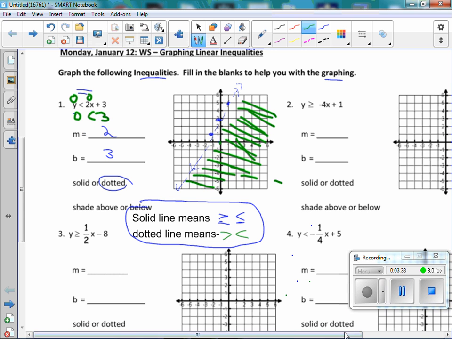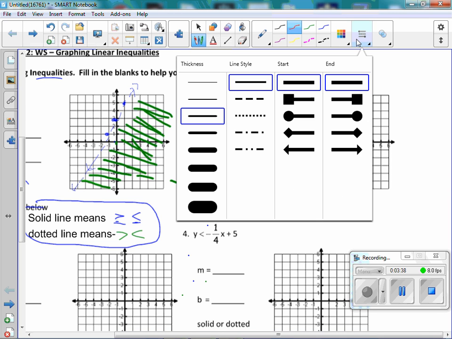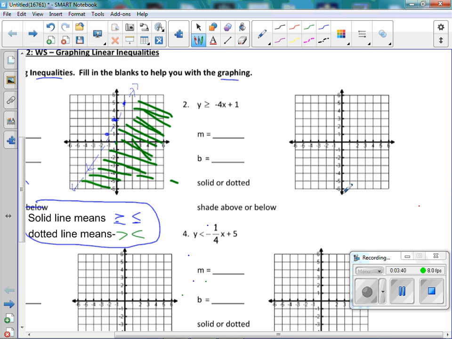So we're going to try number 2 now. We know first we're going to graph. We know our y-intercept is 1 and our slope is -4. So we start at positive 1 on our y-axis. Now this is a negative slope.